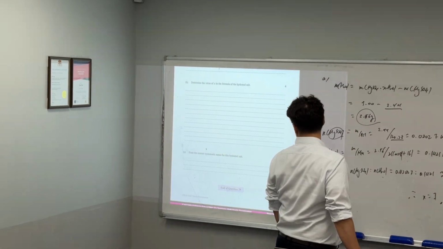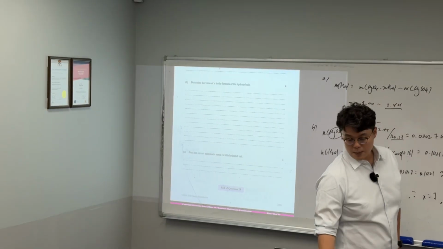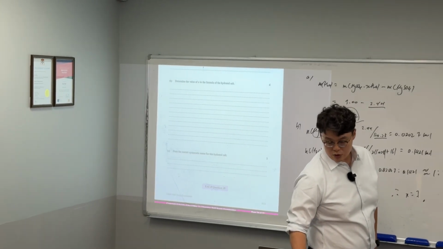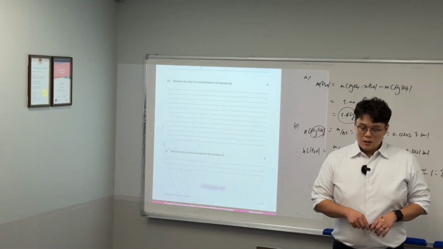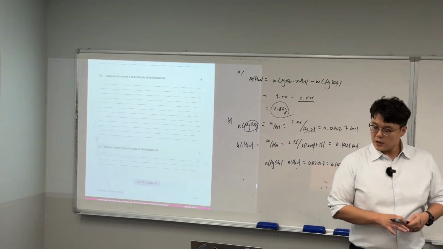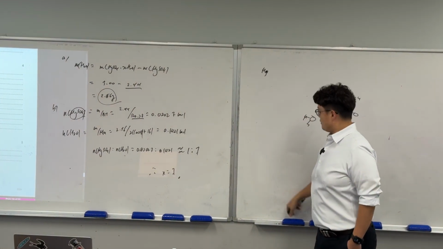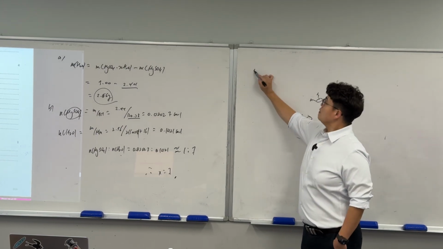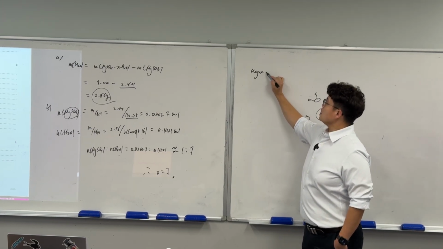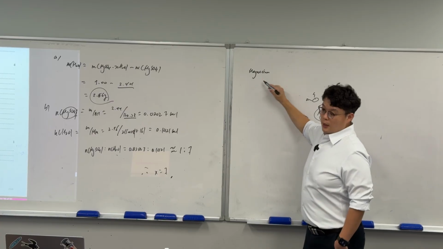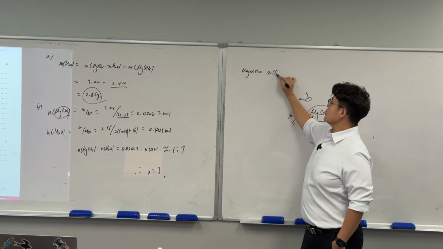State the correct systematic name of this hydrated salt. Okay, systematically, we can name that using the 7 given. The name of this is known as magnesium sulfate, up to here is obvious.